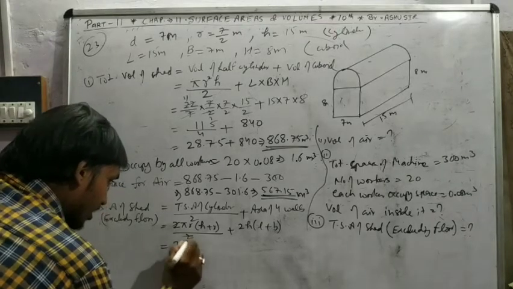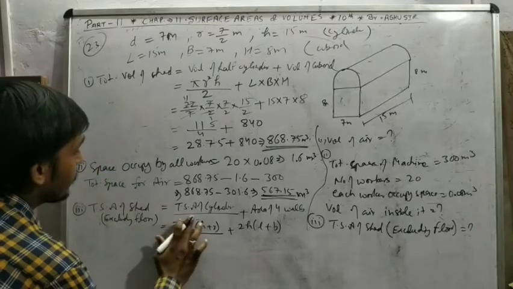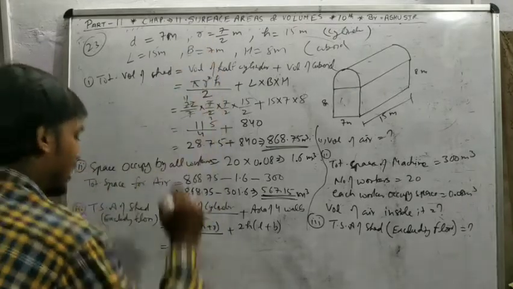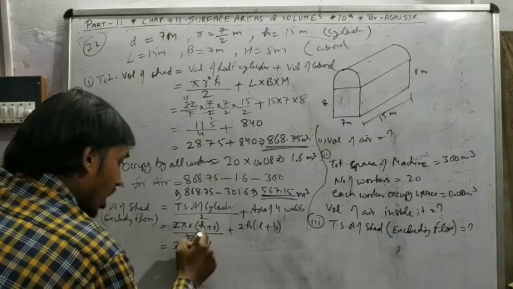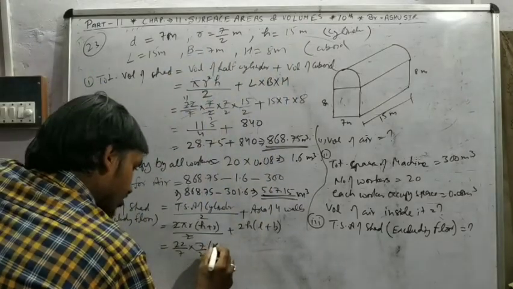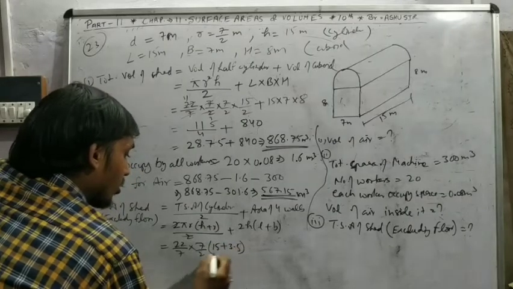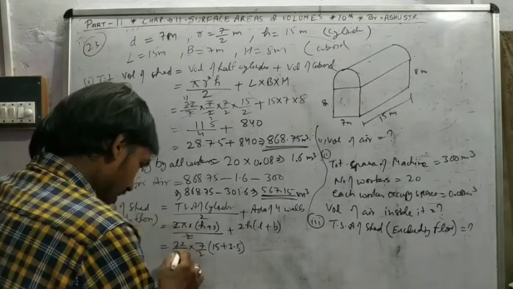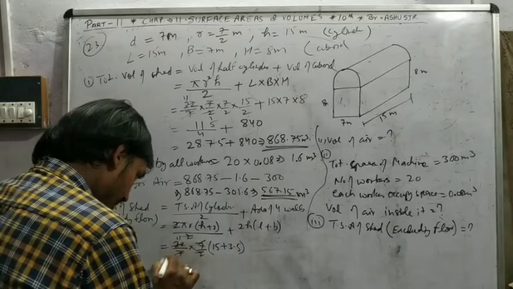22 by 7 and the radius is 7 by 2, r plus h is 3.5 plus 15. 2 is cancelled, 7 cancel, 2 11 cancel.